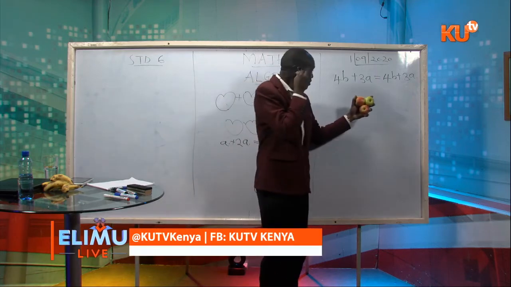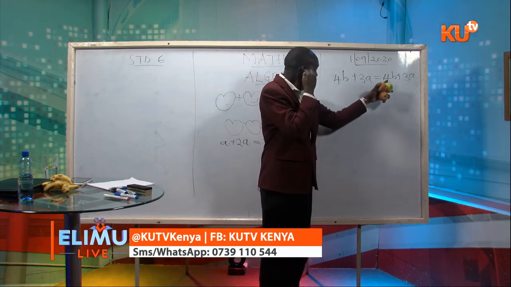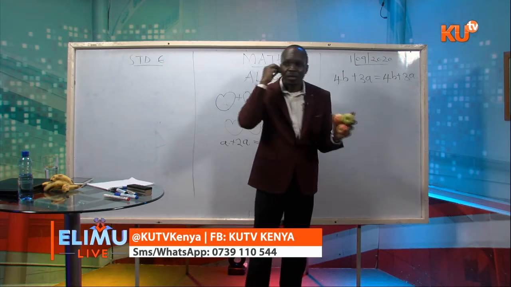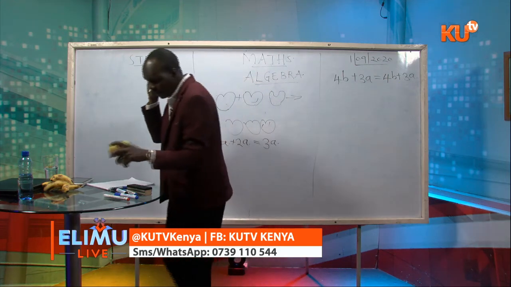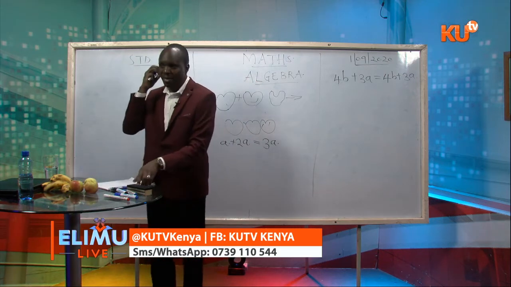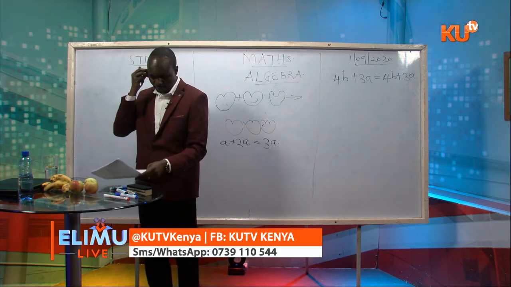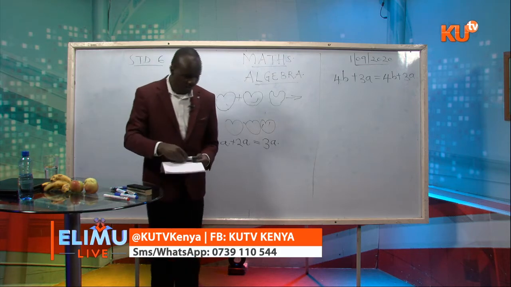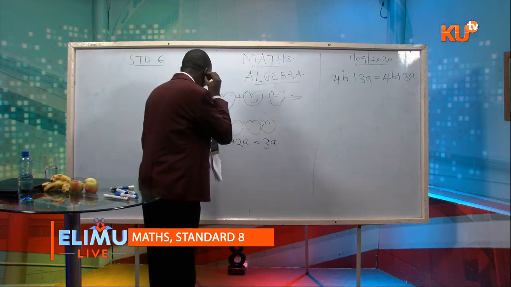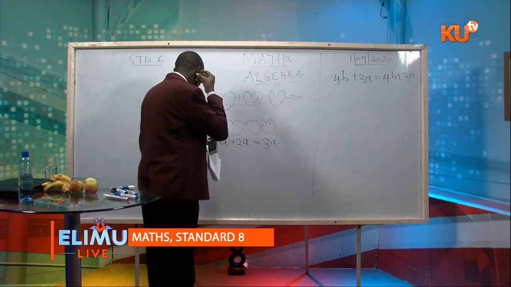My answer is 4 bananas plus 3 apples simply because the 2 items are totally different. Are we together, class? Okay.